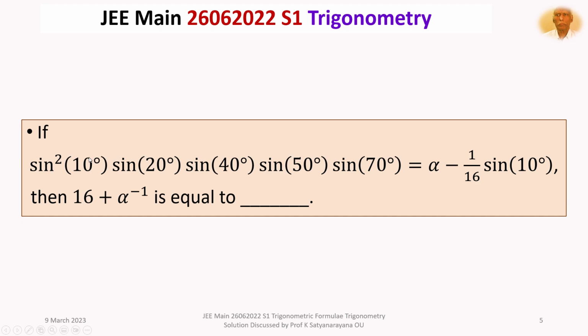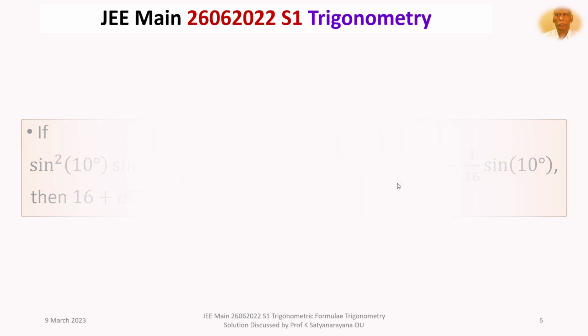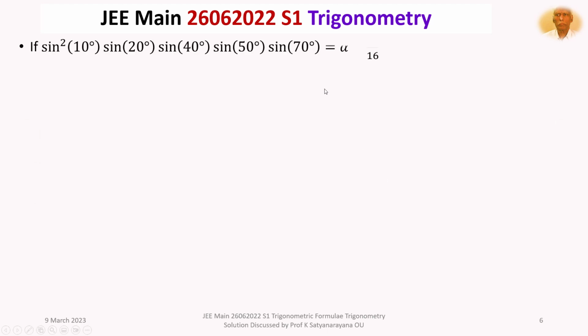We are given the product of sine square 10, sine 20, sine 40, sine 50, sine 70 as alpha minus 1 by 16 times sine of 10 degrees, and are required to find the value of 16 plus alpha inverse. That is the given question to us.